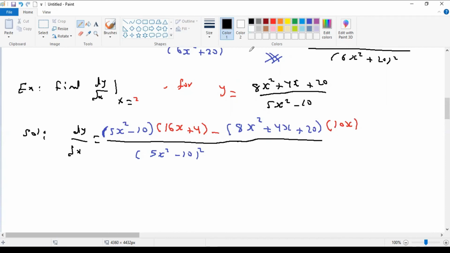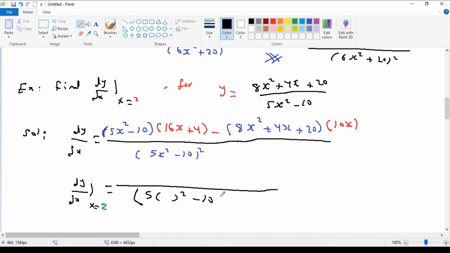Now, to find the derivative at x equal 2, no need to simplify. You can replace 2 directly. So the denominator, I have 5x squared minus 10.